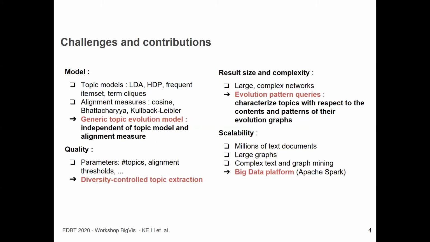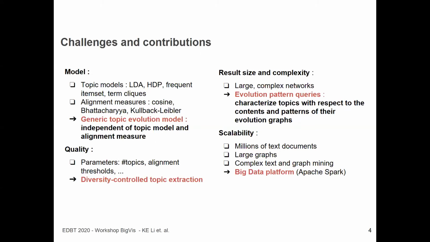In order to solve this problem, we have proposed a diversity-controlled topic extraction method, which allows users to choose the topic model with the highest topic diversity for each period. As we have mentioned before, a large and complex evolution graph cannot be analyzed easily.